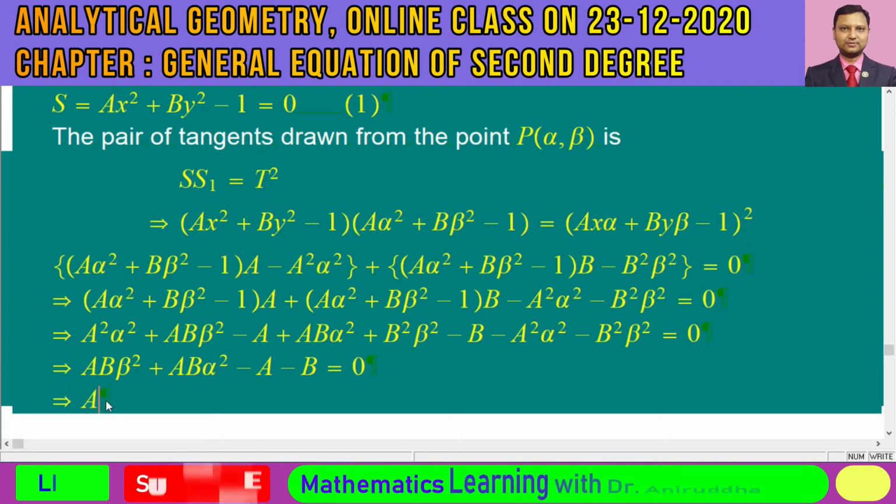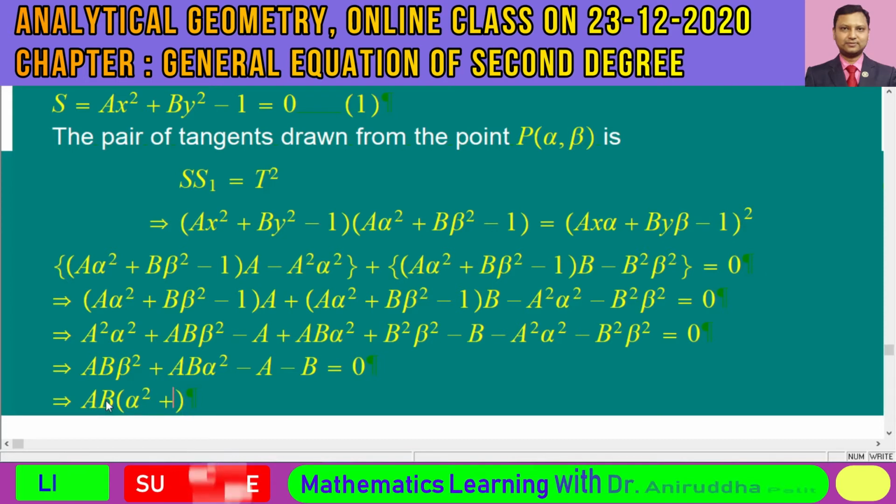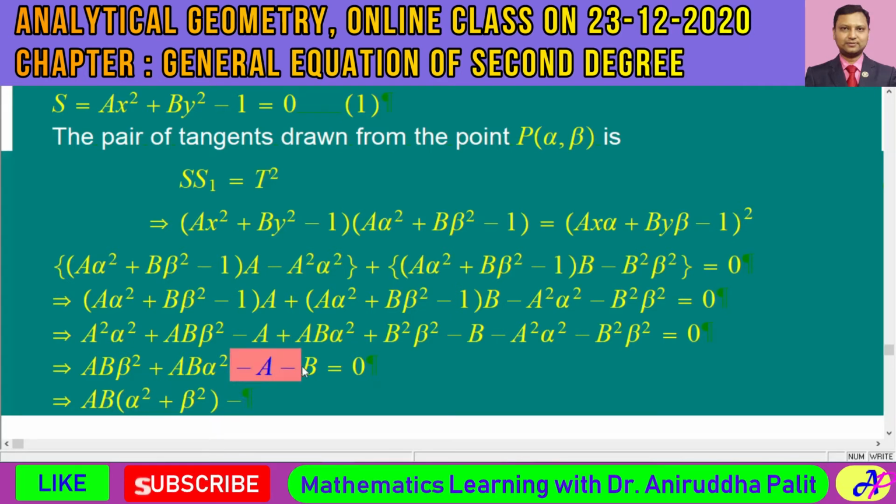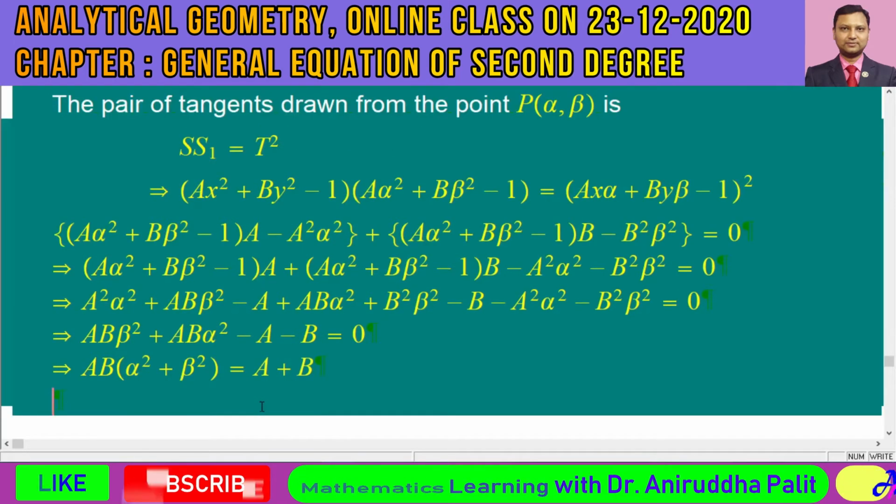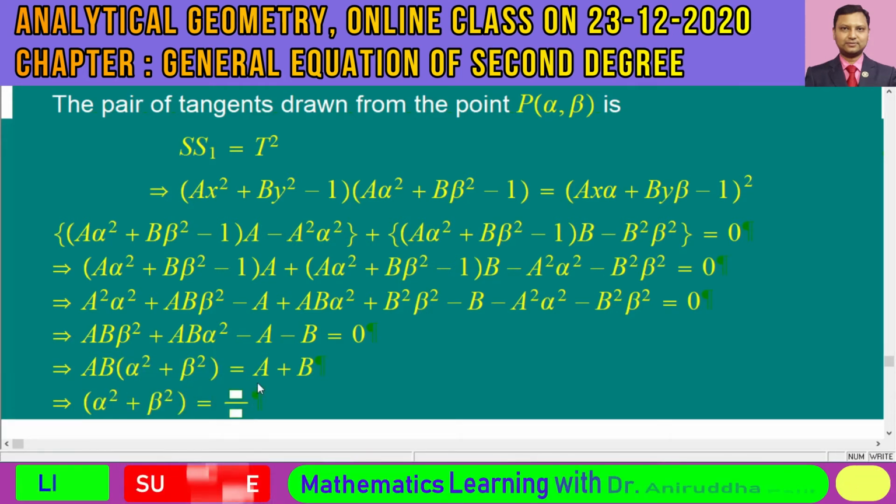So we shall have AB within the bracket, alpha square plus beta square, and we can keep the other expressions on the right hand side, which is simply a plus b. Got it? So this alpha square plus beta square is equal to a plus b divided by ab.